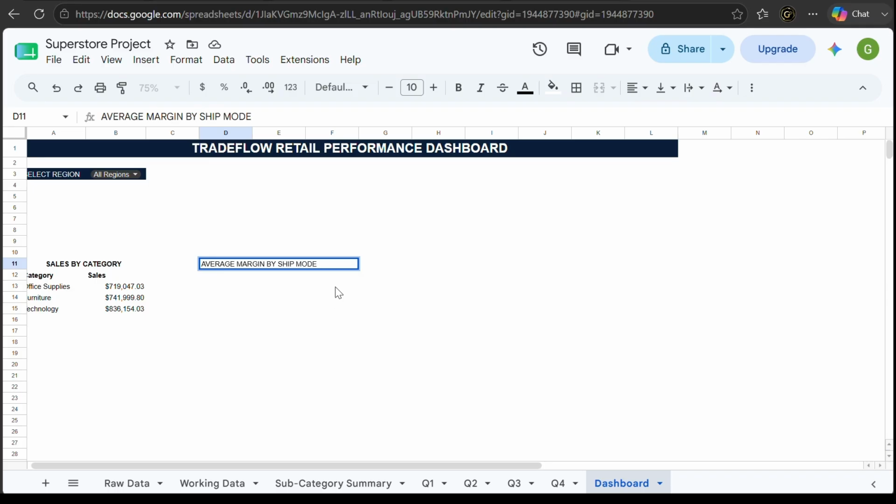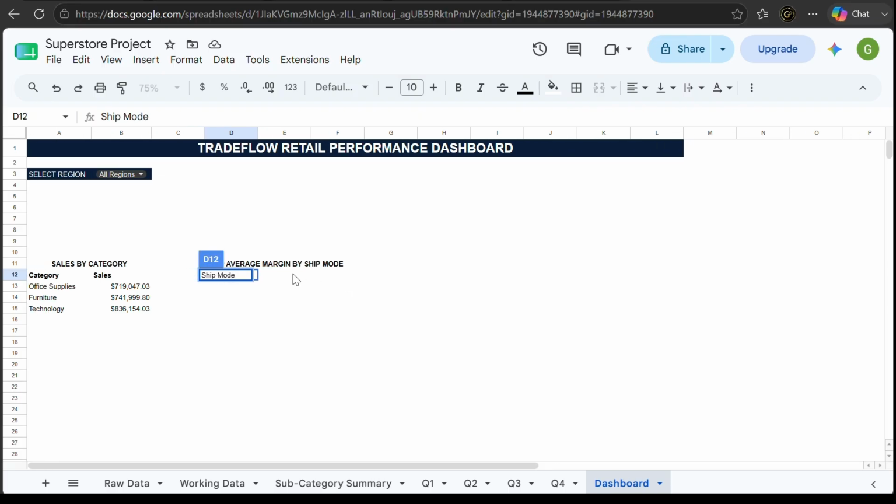Of course, it's going to be average percentage margin. So I think I'm going to merge these three cells together. I'm going to say merge, and then push that to the center. Then I'm going to make everything that's there bold. So I'm going to type ship mode.